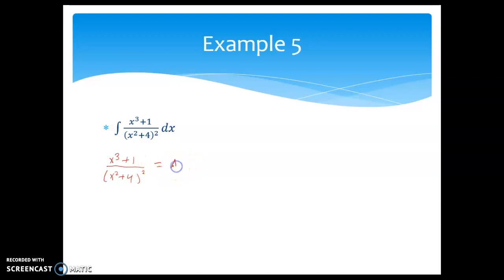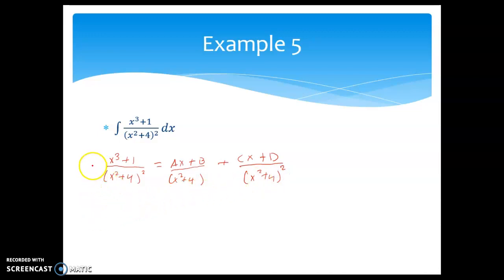So we can decompose it as follows: (ax + b) over (x squared plus 4) plus (cx + d) over (x squared plus 4) squared.